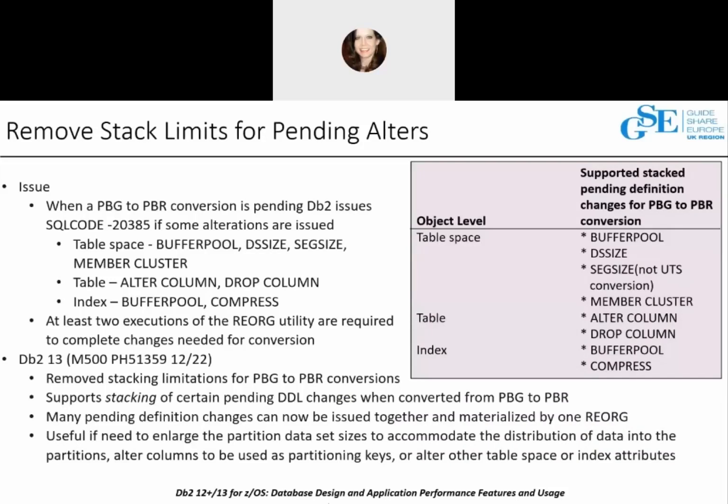You had to do the conversion first and then the alter. You could not stack them and have them materialized by one single alter, so it would require two alters for those changes. In version 13 with the APAR, you can stack those changes. You can do the PBG to PBR conversion, as well as change something like the DS size during that, and have it all materialized in a single reorg execution.